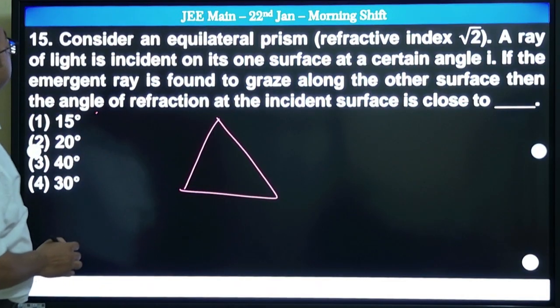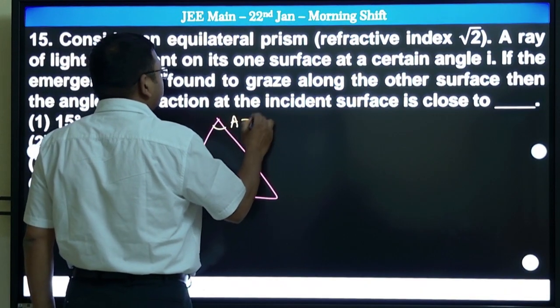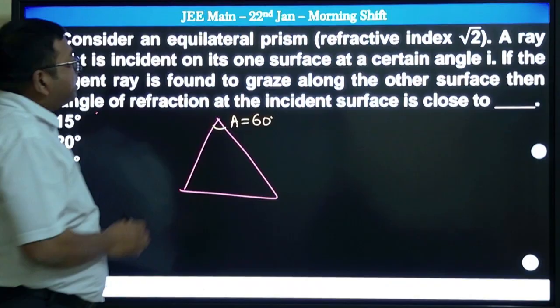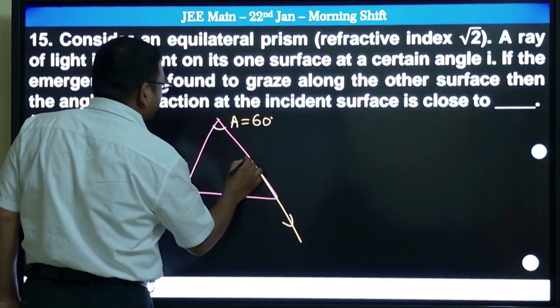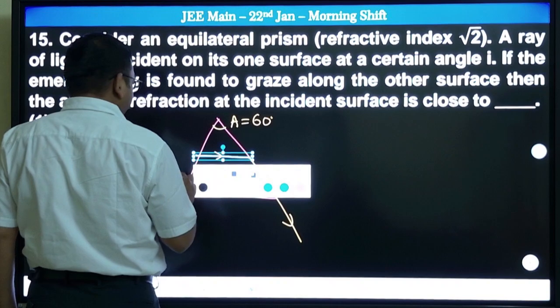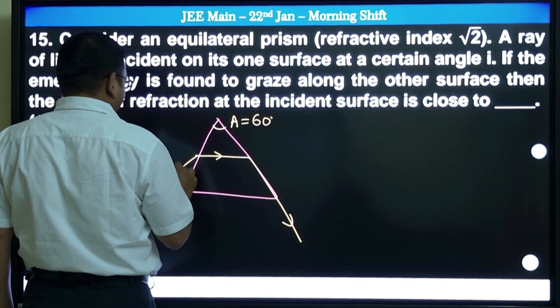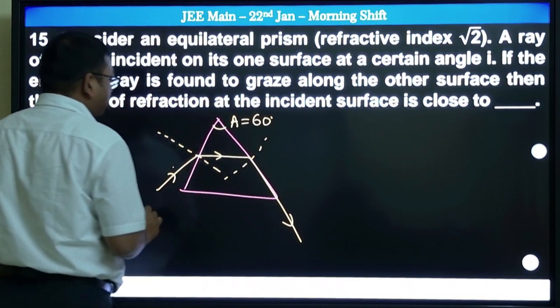What they are saying, consider an equilateral triangle, so these angles are 60 degrees, A is 60 degrees. And this ray is coming like this, so it will be coming somewhere here, and some incidence angle will be there, right? So here will be the normal, here also will be the normal, right?